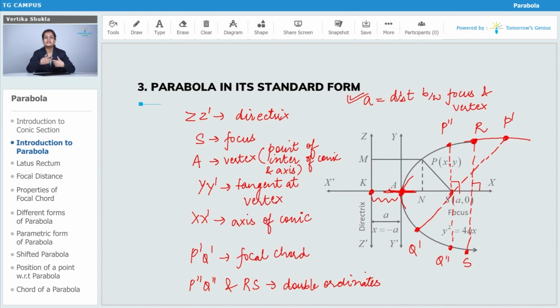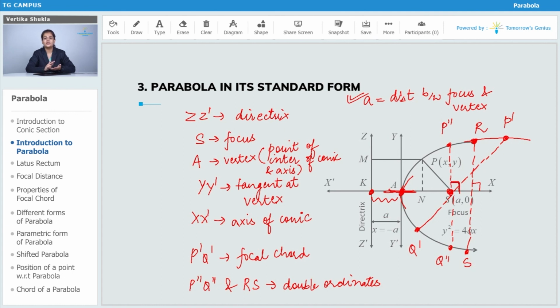Now coming to a very special term that we will be discussing over here. That special term is latus rectum. What is a latus rectum? Latus rectum is a focal chord, or you can say it is a double ordinate which passes through focus. A double ordinate which passes through the focus is known as a latus rectum. Now over here in this figure, this line P double dash Q double dash is passing through the focus S and it is also perpendicular to the axis.